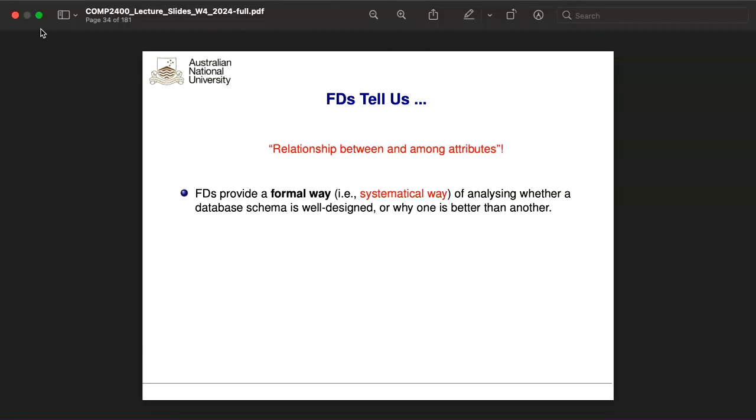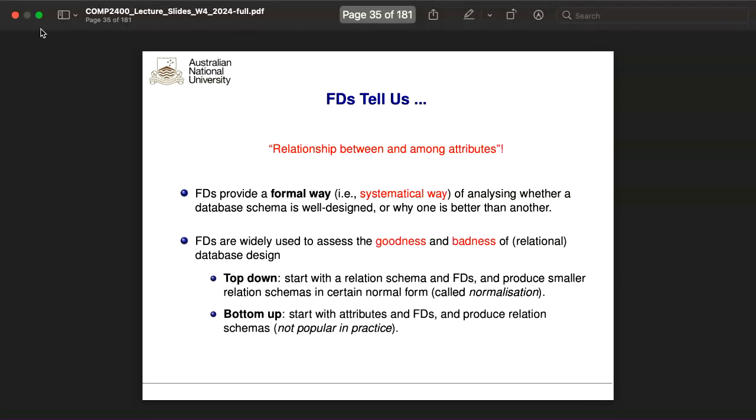Then we can leverage this tool as a formal way, or you could think of it as a systematic way, to assess whether a database design is good or bad. Or if you have several database solutions, you can use this to compare which one is good or bad in which aspect. So this is related to how we justify the goodness and badness of a database design.